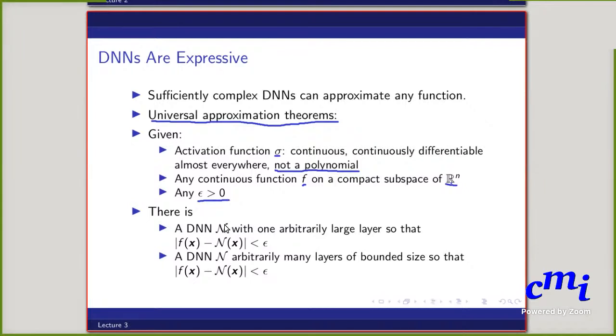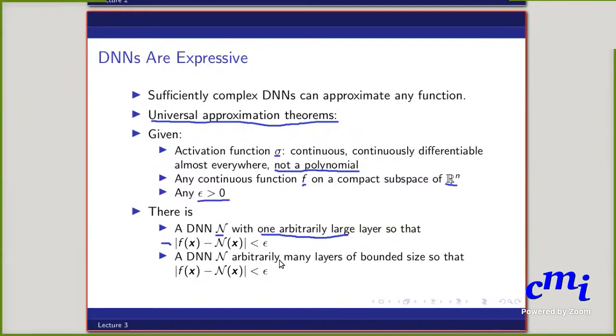this theorem says that there will always be a DNN that approximates your f up to epsilon. There are two kinds of ways of constructing such a DNN. There's one DNN with a single layer, but an arbitrarily large layer, so it can be very wide but always has just one layer, and it is always epsilon close to f.